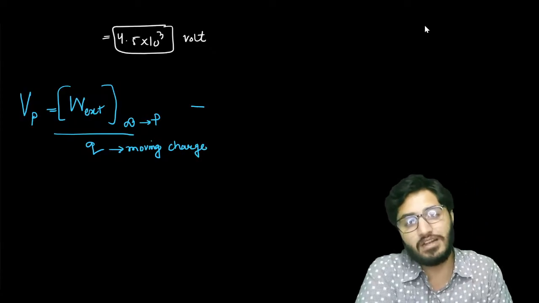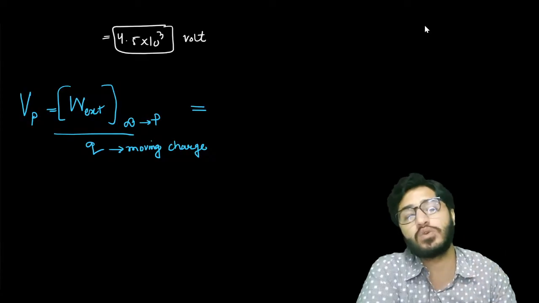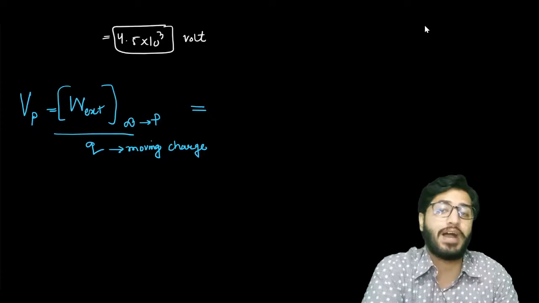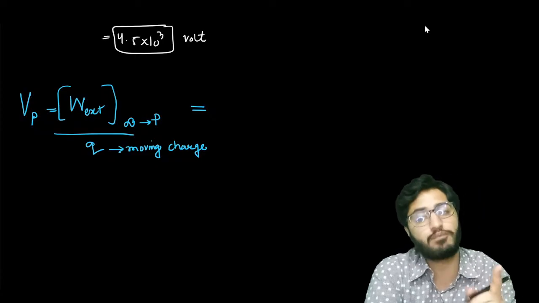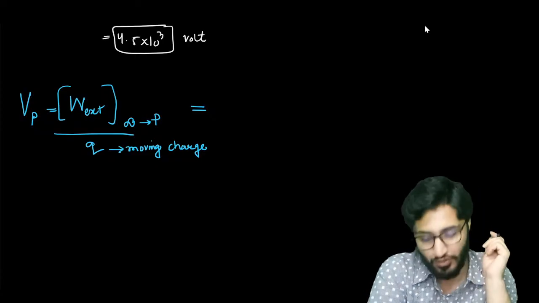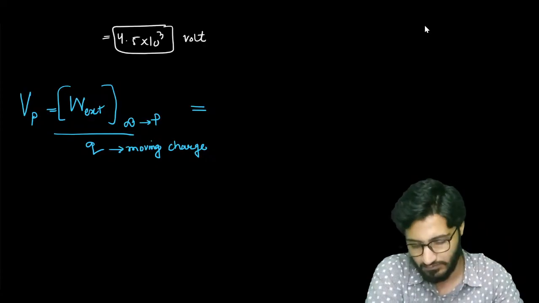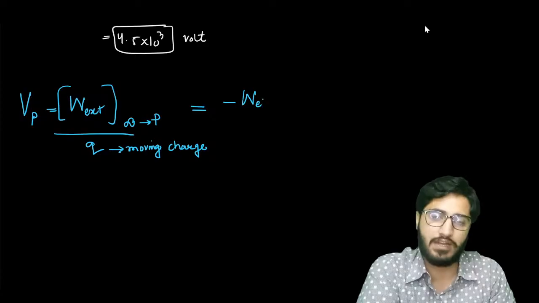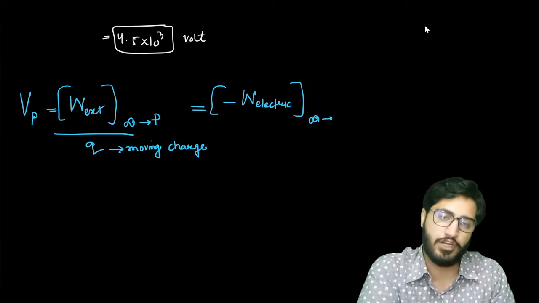It is external. If we have to write the same thing in electrical terms, we know that work done by external equals minus work done by electric, because we had proved it by the work energy theorem. So it will become minus work done by electric from infinity to point P divided by Q, that moving charge.